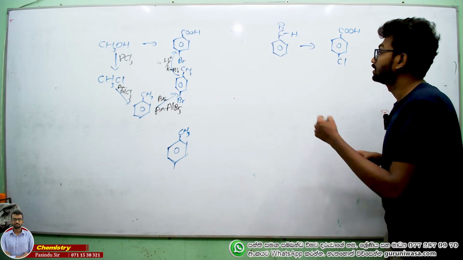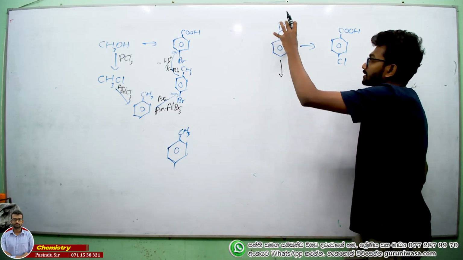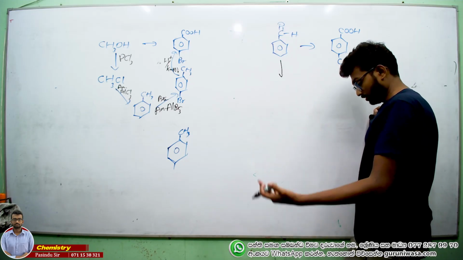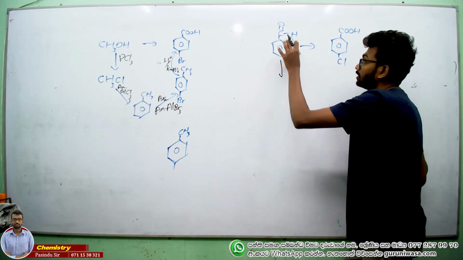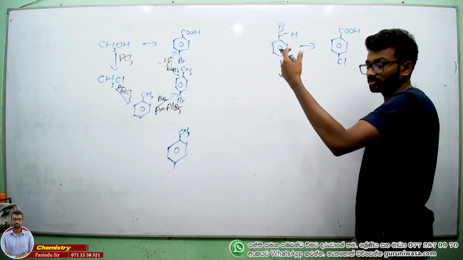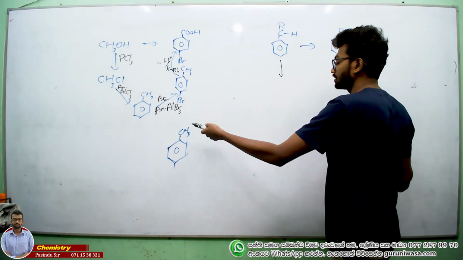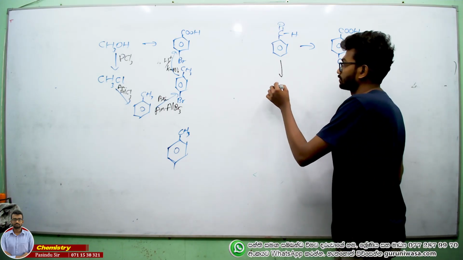So then what we have to do, we have to convert this group into what? Orthopara directing group. This one is meta, right? So if you convert this into just an R group, then R group is something like this, right? Simple orthopara directing group. Right?